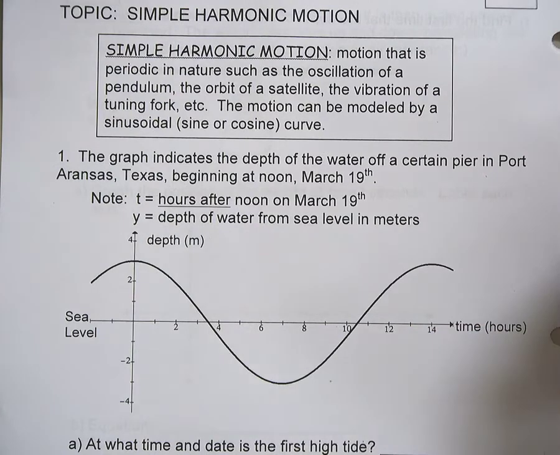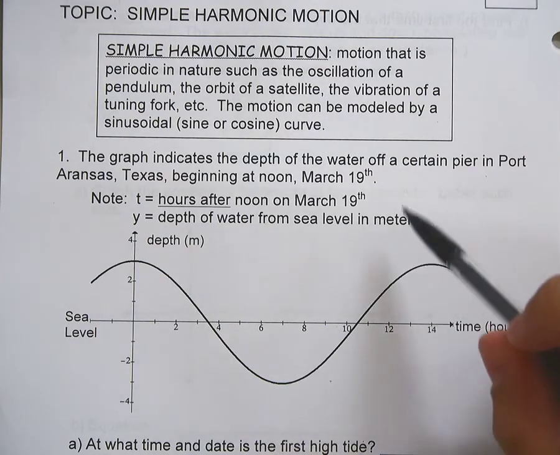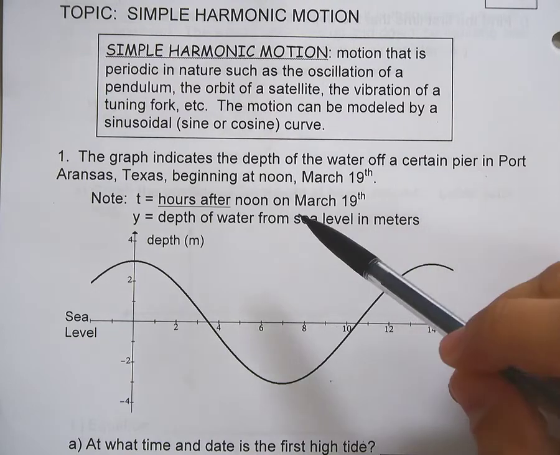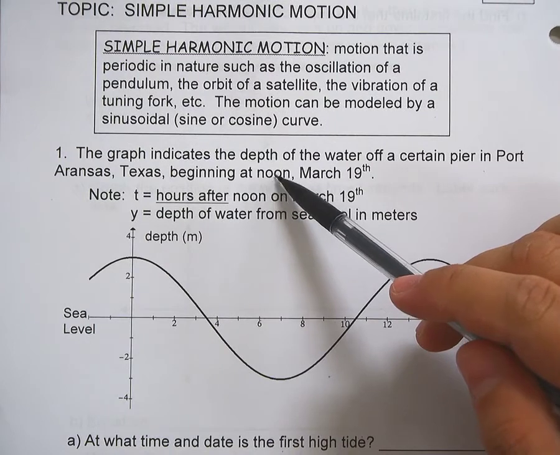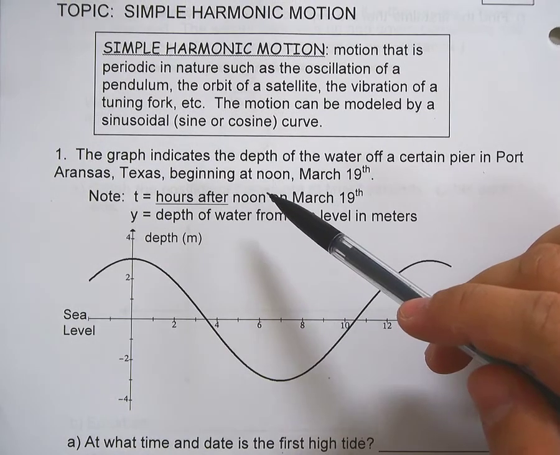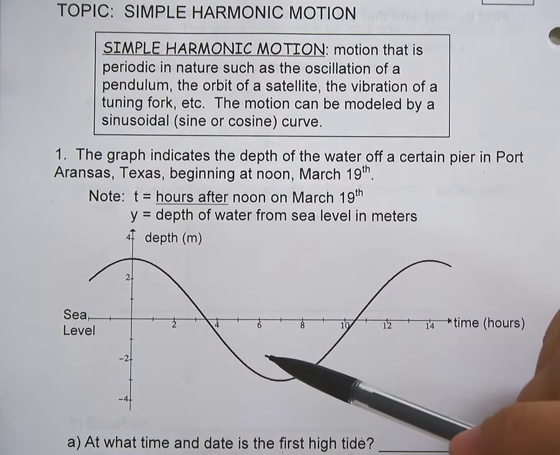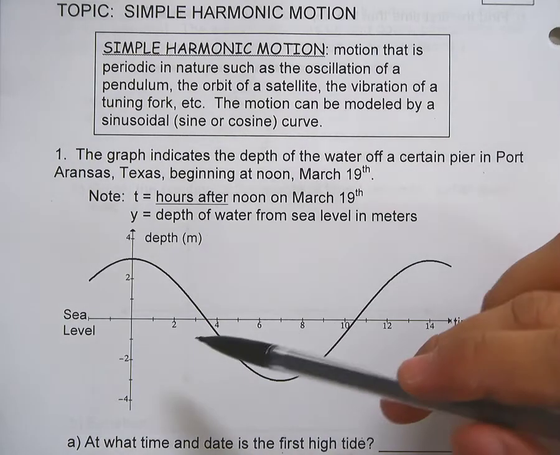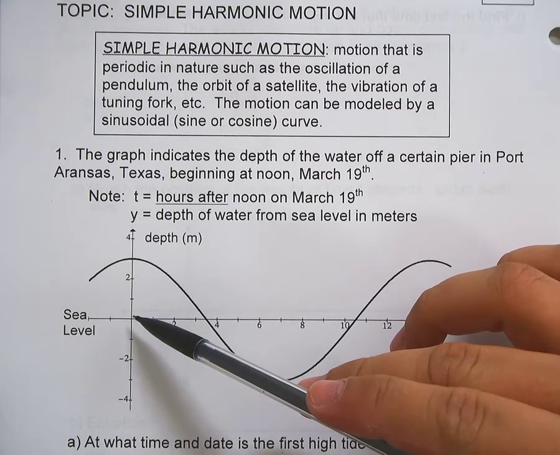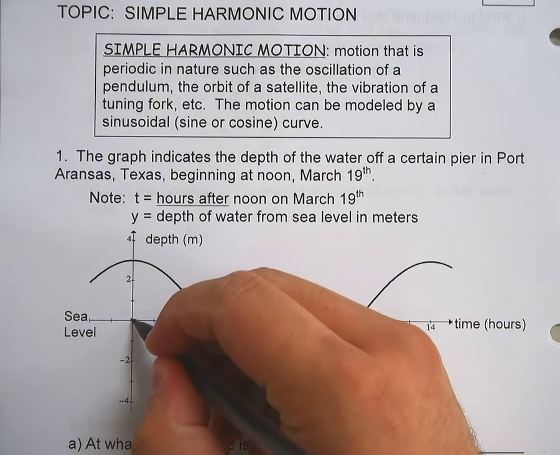For example, number 1 here. It says the graph indicates the depth of water off a certain pier in Port Aransas, Texas, beginning at noon, March 19th. So we have a little graph here. T is our hours, afternoon. So if it's afternoon, that means that 0 right here is going to be noon.